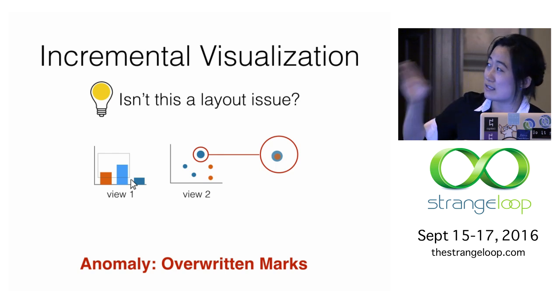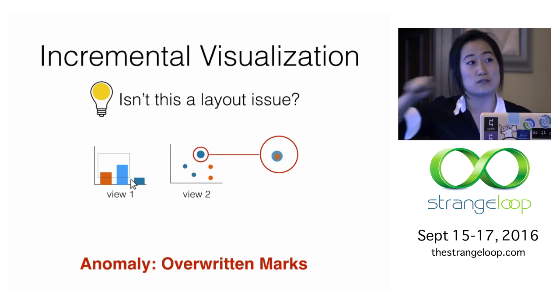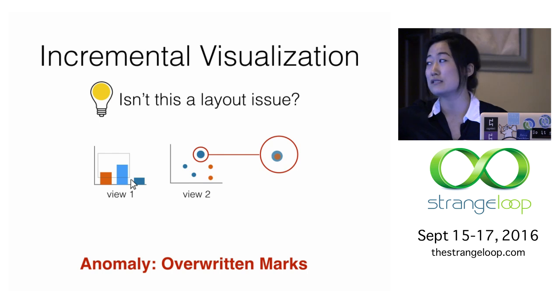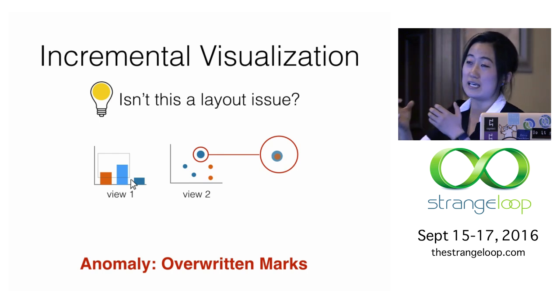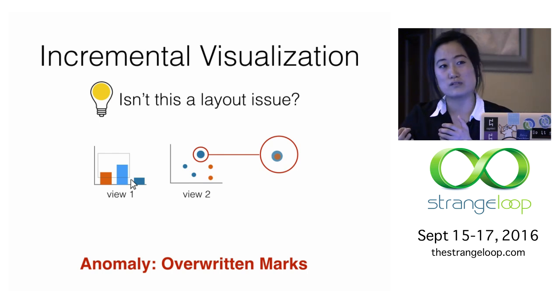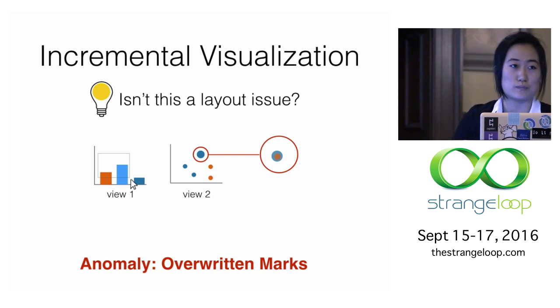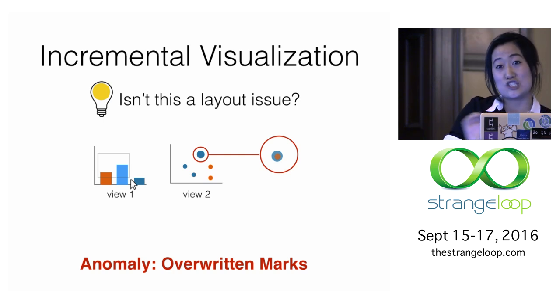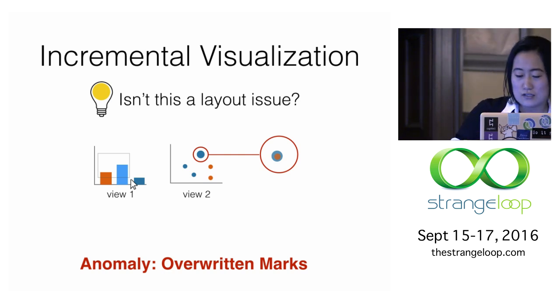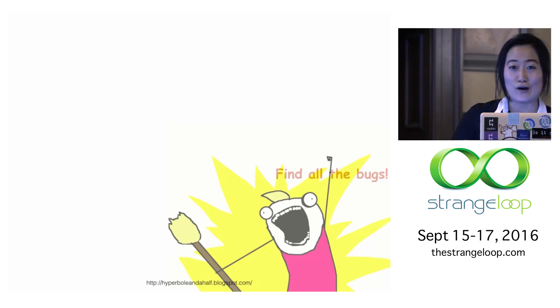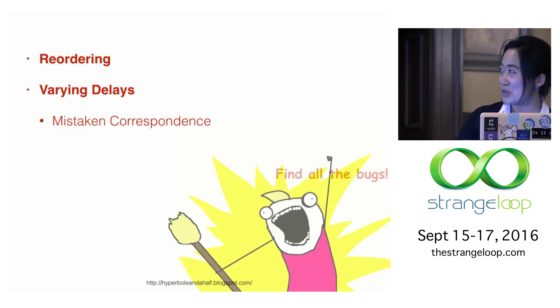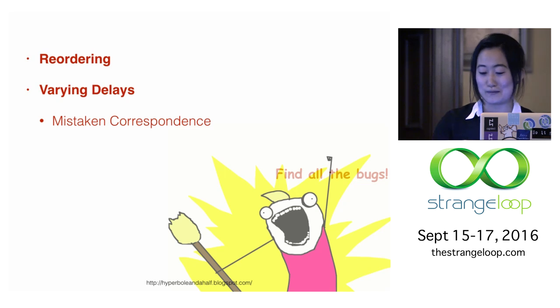I would say that this is definitely a layout issue if it's a single selection and you're updating everything all at once. But because here there's a delay and you're not seeing all of the data all at once, this could be treated as a consistency issue because it's actually data changing over time. So we've sort of found all of the consistency bugs that could possibly exist, and there's probably more.